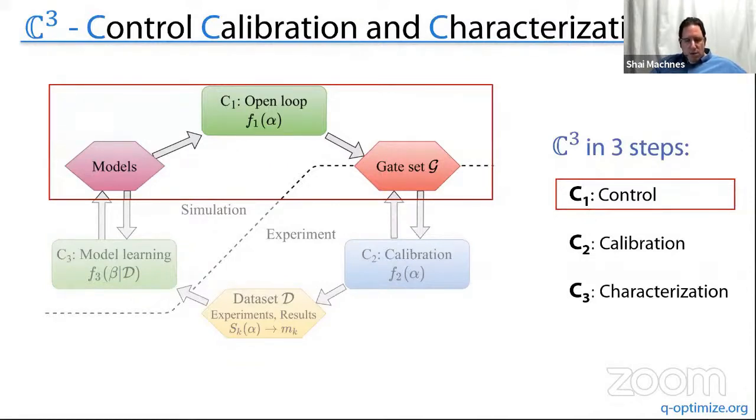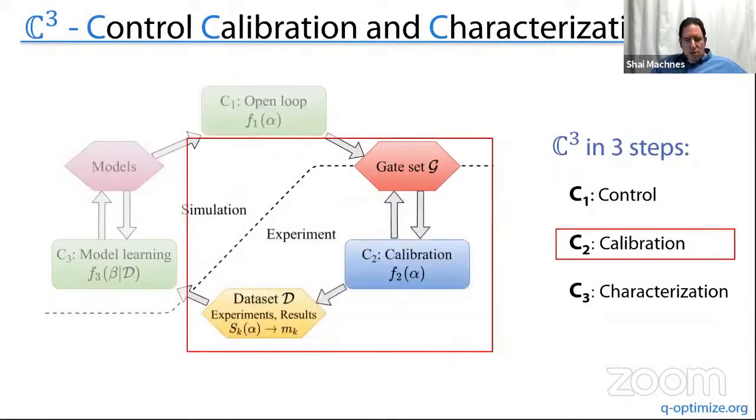Now, because our models are not very good, step 2 is to take this gate set and try to improve it further with a model-free optimization that is done directly with the quantum device. So we're not limited and hamstrung by what the model can give us.